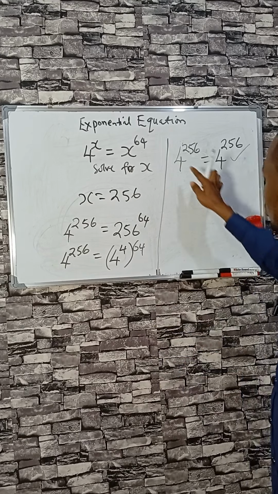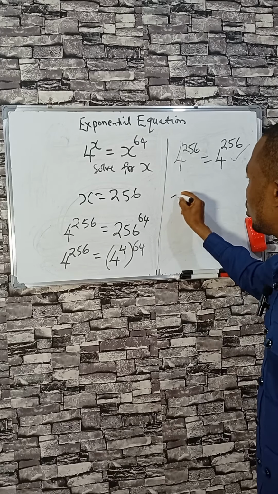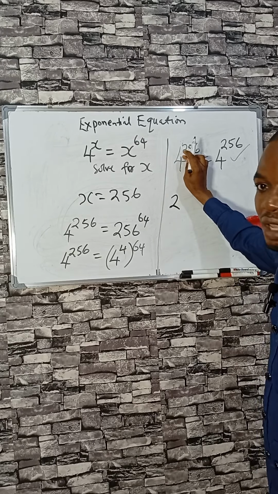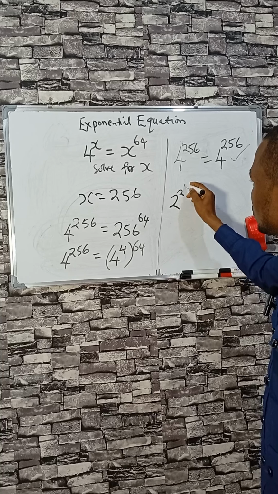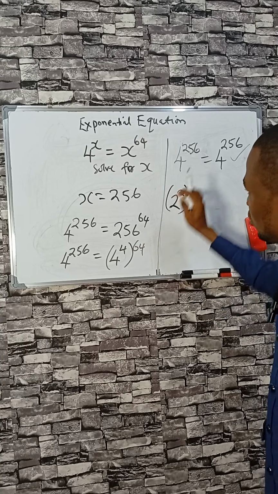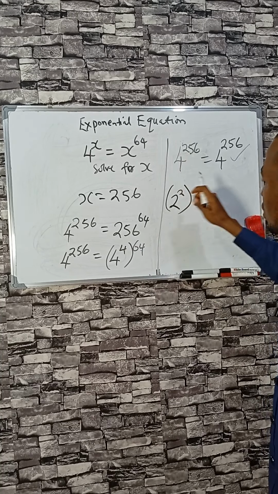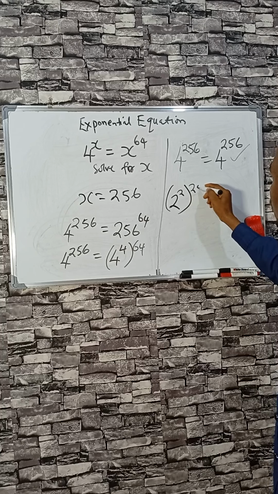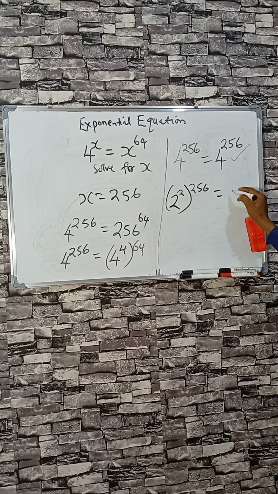With base 2, what you need to do is just change this to base 2. 4 here can be written as 2 squared, then raised to the power 256. The same thing here, 2 squared times 256.